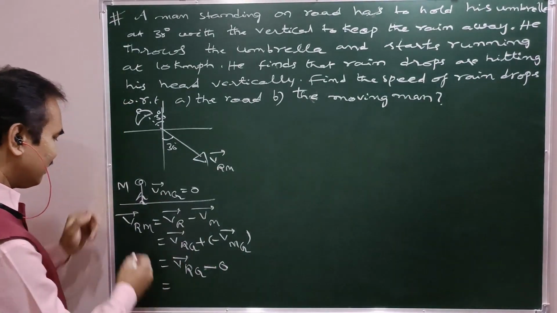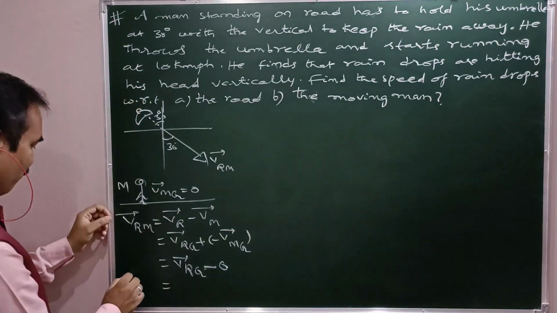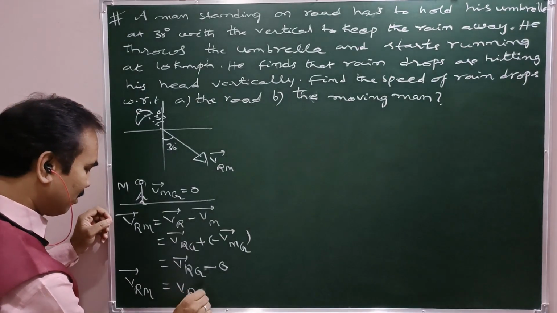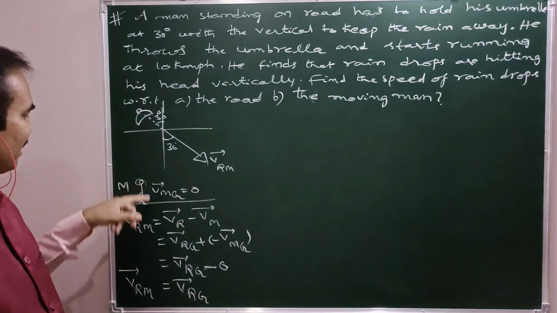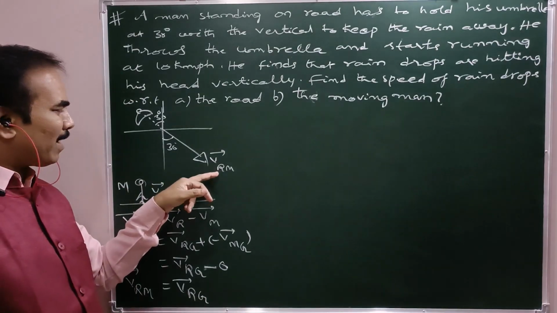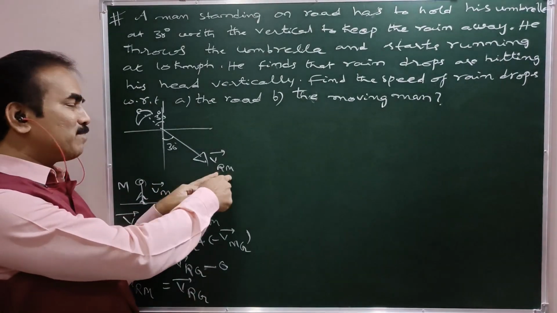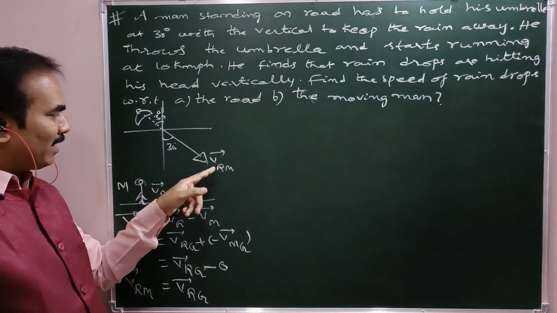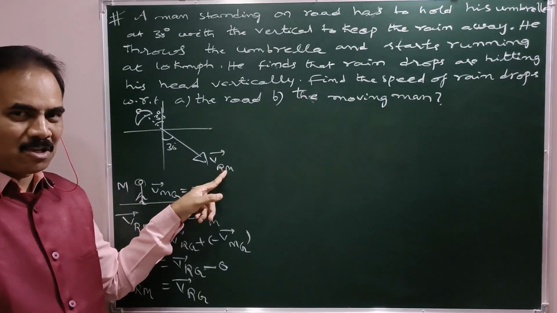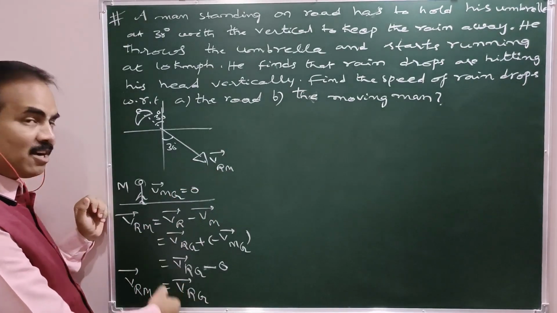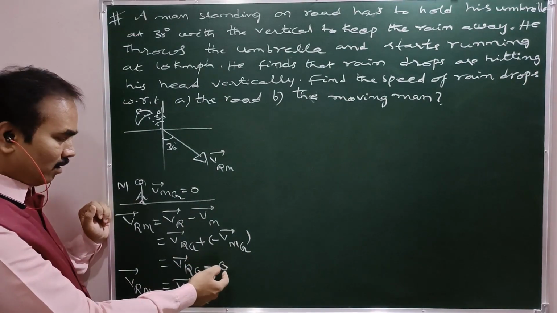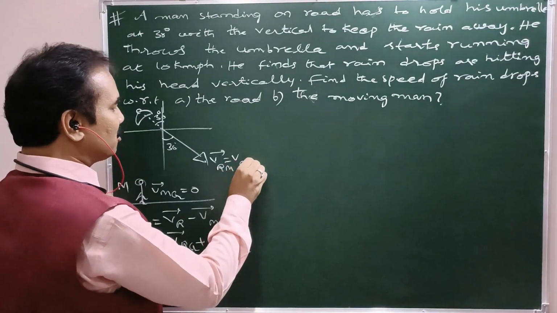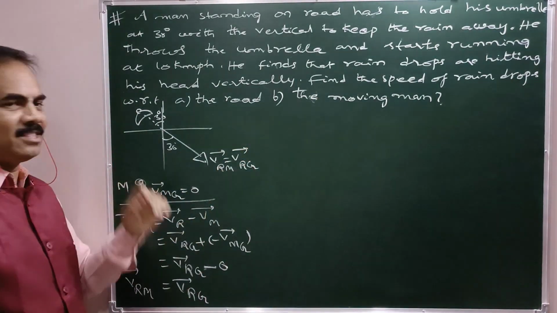So in this case, VRM bar is equal to VRG bar. As he is stationary, this is the velocity of rain with respect to ground also. Why? Because even though it is the velocity of rain with respect to man, that is relative velocity, this time it becomes equal to absolute velocity, because he is not at all moving. So VRM means VRG in this case.